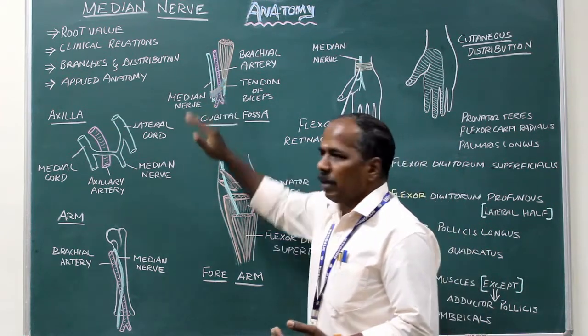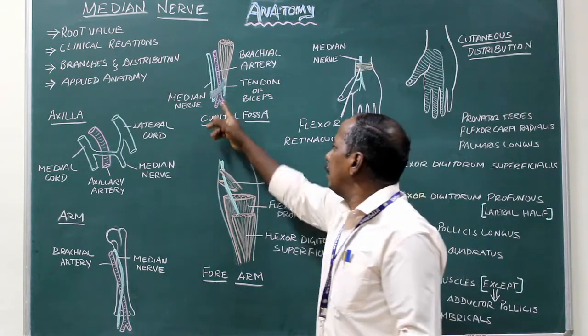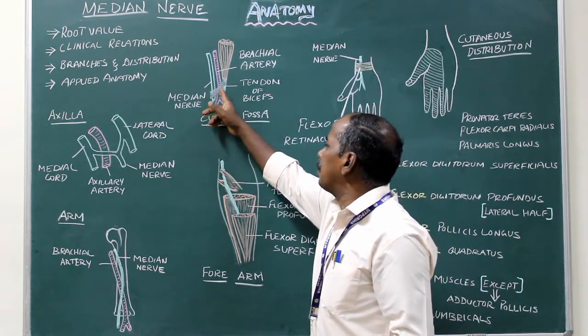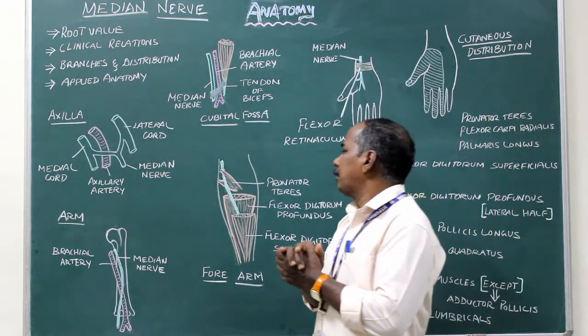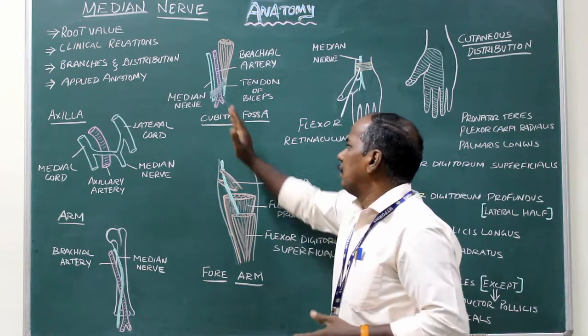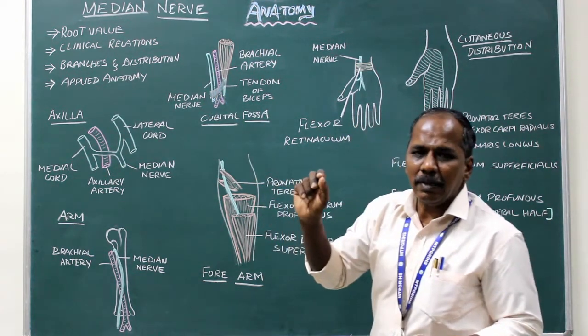It is protected from the superficial structures by the bicipital aponeurosis, this fascial extension. So, tendon, artery, nerve, TAN relation, you can easily remember.